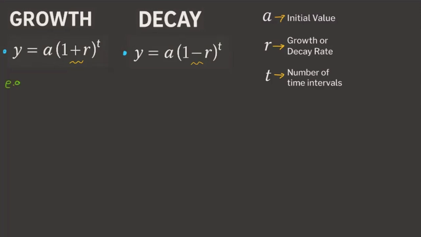For example, in a town, there were initially 1,000 people, and the population increases at the rate of 5%. And 5% can be written as 0.05 if I convert it into a decimal. How do you write an exponential function for this situation where t is the time in years? So y equals the initial value, which is given, times (1 plus 0.05) to the power of t.